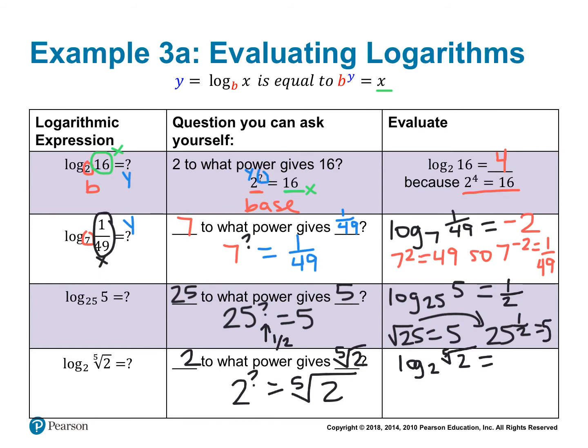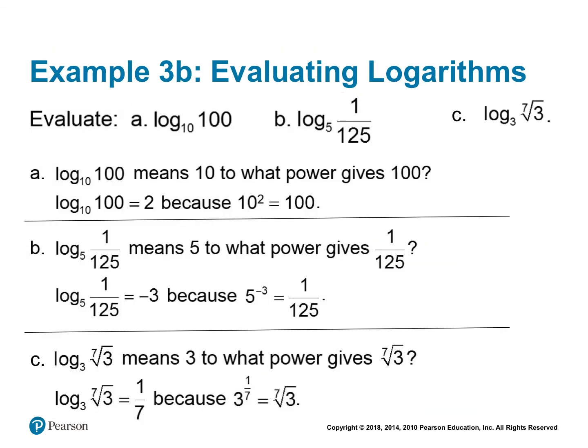If the square root is a 1/2, that means a 5th root is an exponent of 1/5. So we're really saying 2 to the 1/5. That is the same as the 5th root of 2. So that means our missing exponent is this 1/5 right here. 2 to the 1/5 would equal the 5th root of 2. Okay, and I went ahead and put 3 more examples for you to go back and look at if you want to print these out.